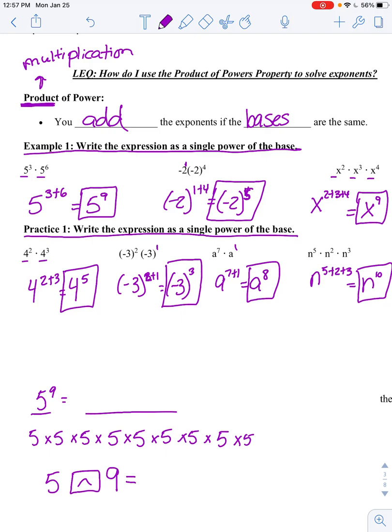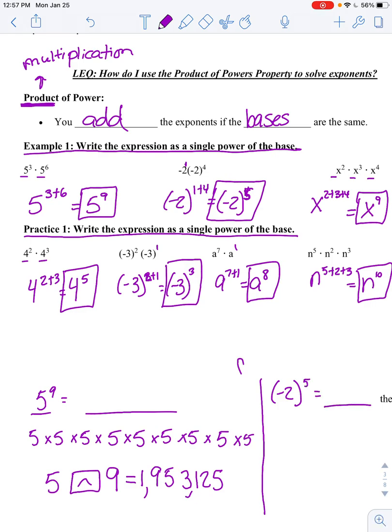So 5 to the 9th is a big number: 1,953,125.